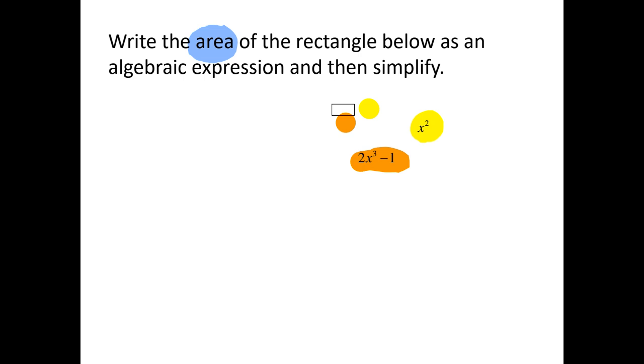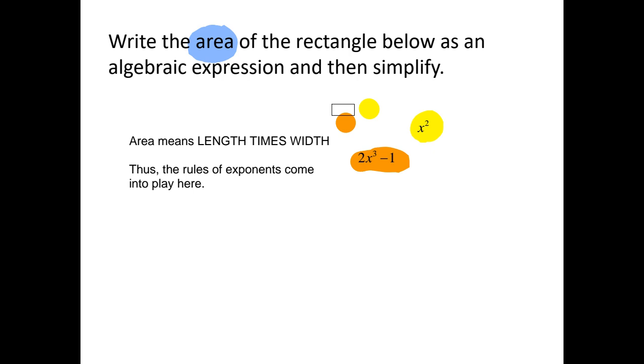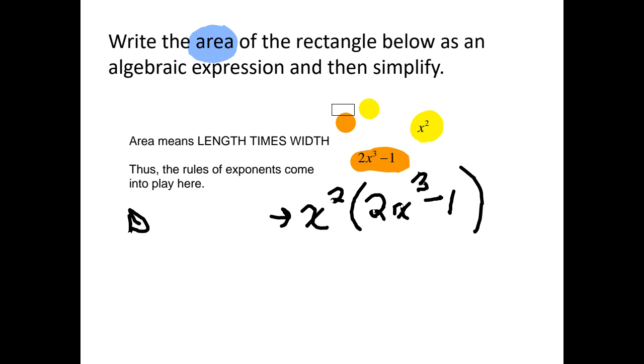Thus, the rules of exponents come into play here. The reason is this is x squared times 2x cubed minus 1. You are distributing here. And the rules of exponents apply.